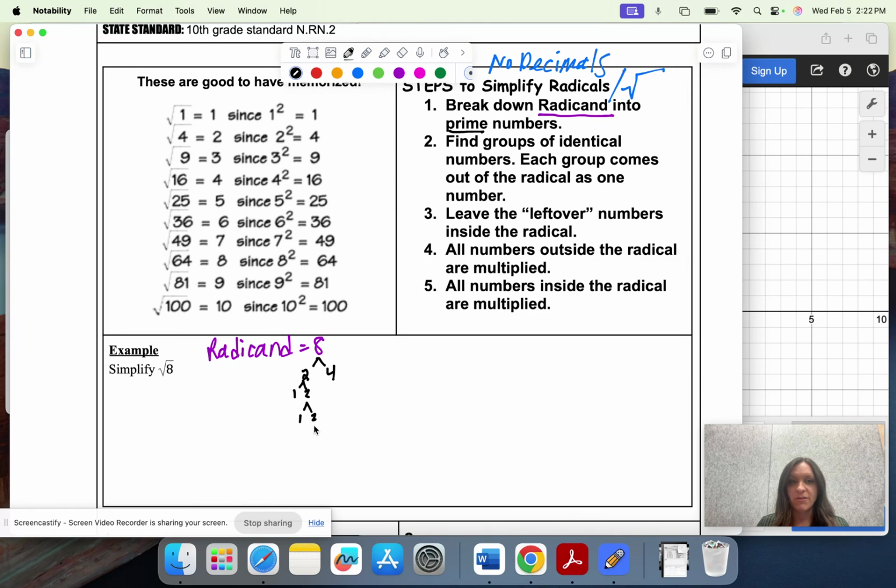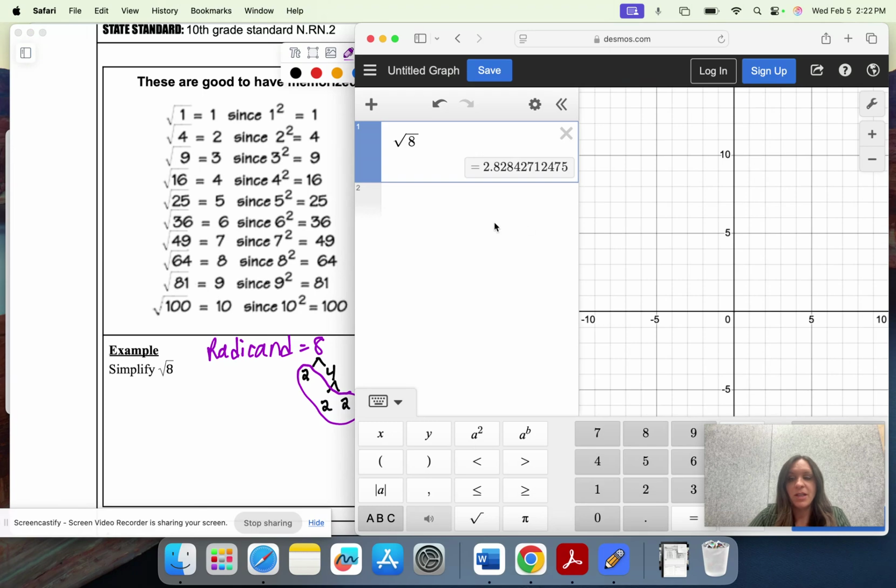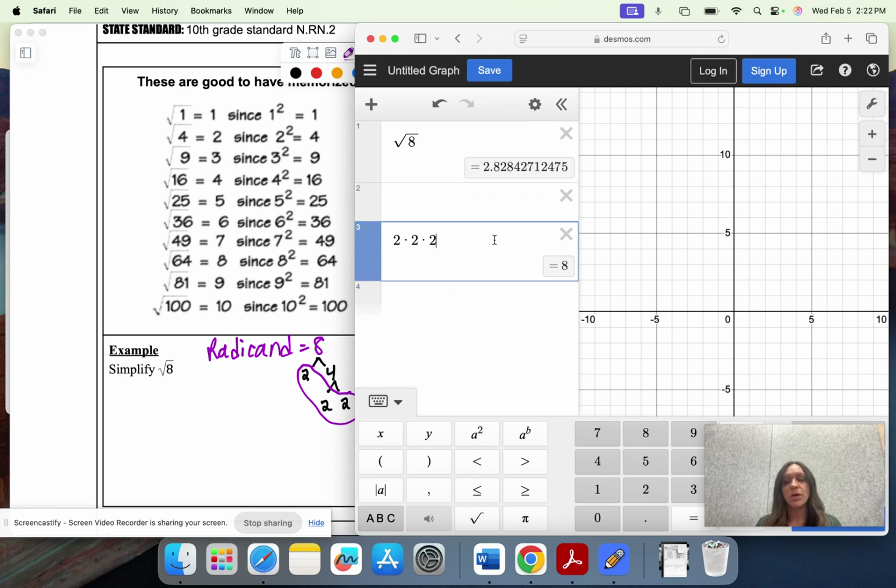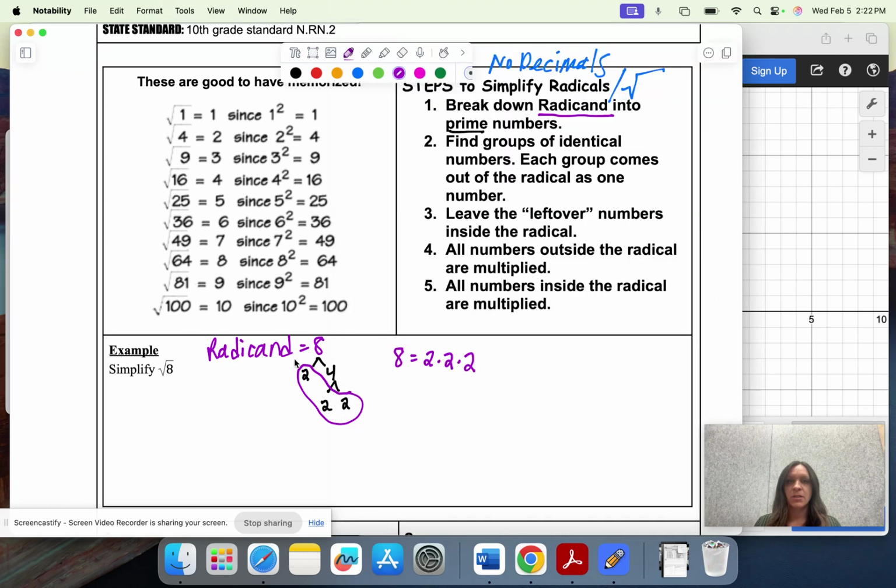And you could do that forever, but we're not going to do that. So we're just going to leave it as a prime number. But 4 is 2 times 2. So when we say break it down into prime numbers, 8 actually equals 2 times 2 times 2. And you can calculate that. You can use a calculator, but it's good to check that you broke it down all the way.